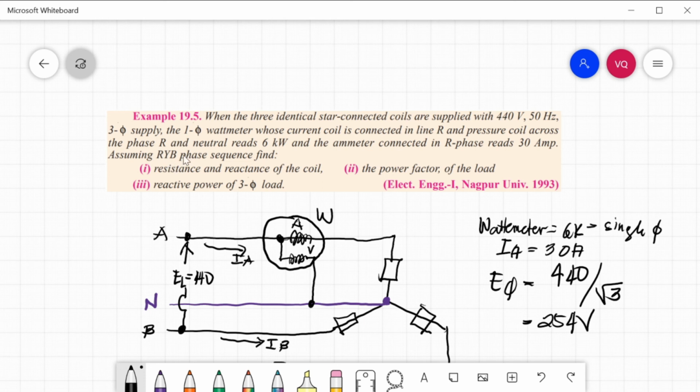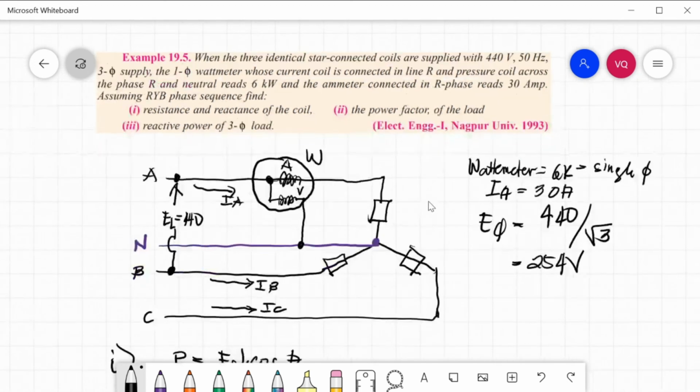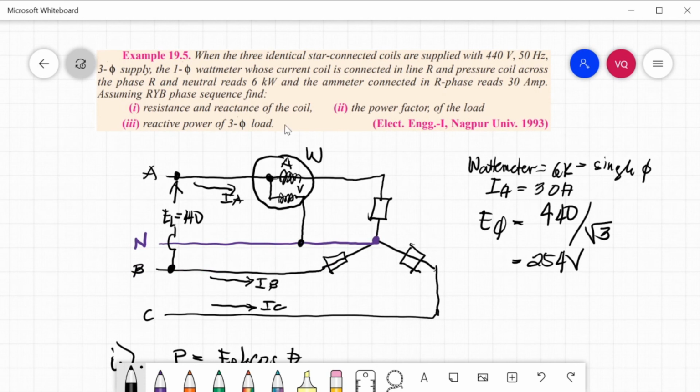Assuming, so we will use ABC phase sequence, find the resistance and reactance of the coil, reactive power of 3-phase load, and the power factor of the load.